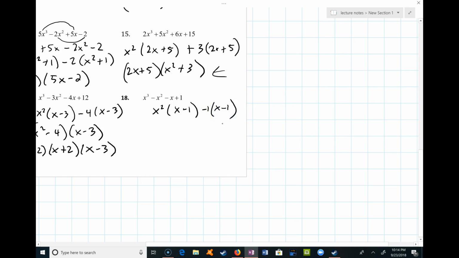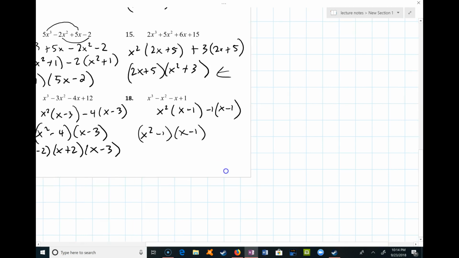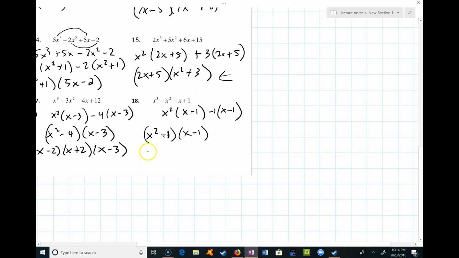And again, we have the oh wow, because there's x minus 1 in both, and so then I go x squared minus 1 times x minus 1, and once again I can factor x squared minus 1, so that'll factor into x minus 1 times x plus 1 times x minus 1, and I notice that I have 2 factors the same, so really it would make sense to write this as x minus 1 squared times x plus 1.